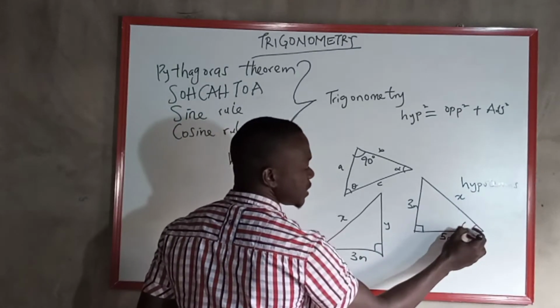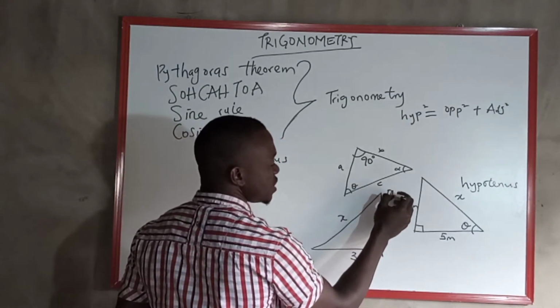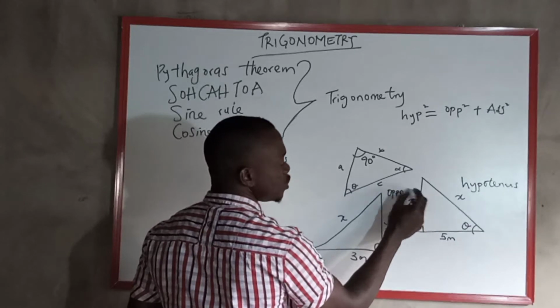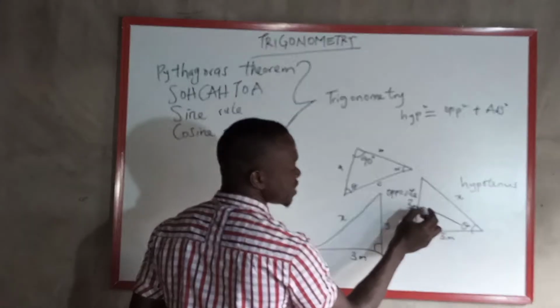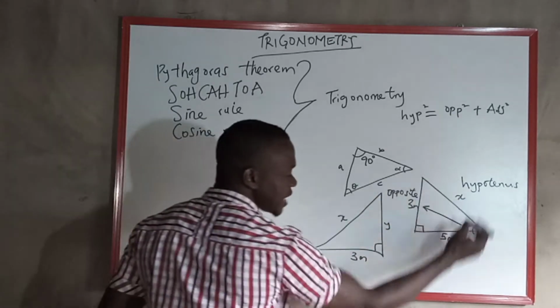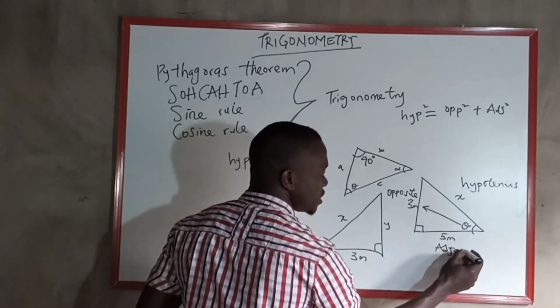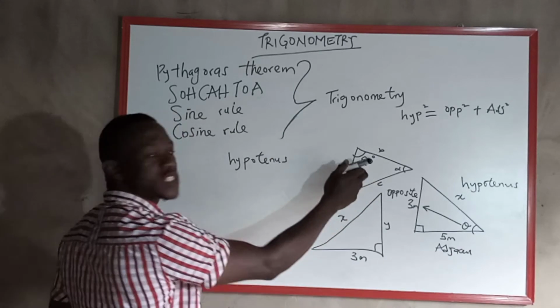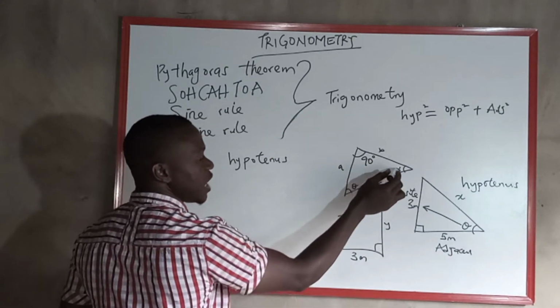Now if we are to consider this angle, then opposite is the side opposite the angle. Most times I just extend a line from the angle, then the arrowhead gives my opposite. Then the last side of the triangle is always the adjacent. So for instance, we are considering this particular triangle and angle alpha.